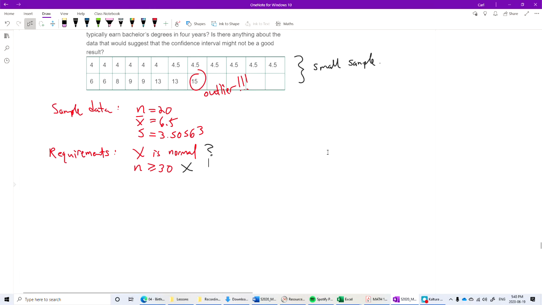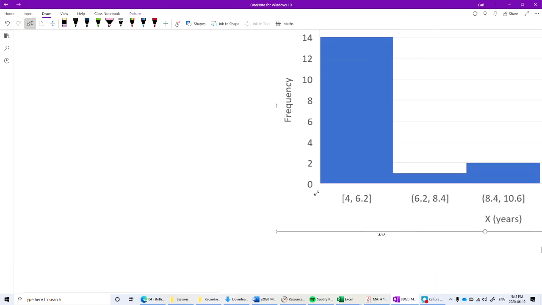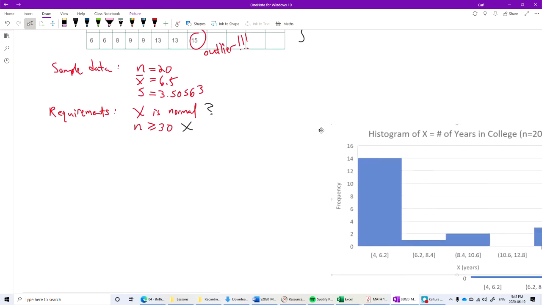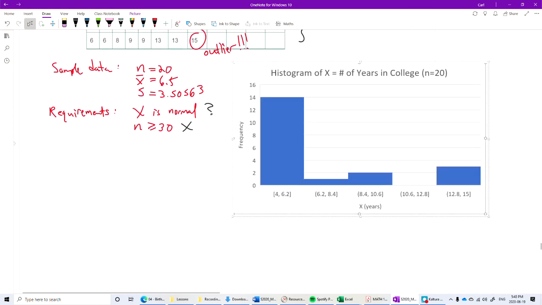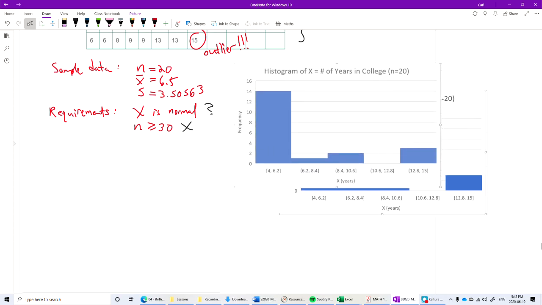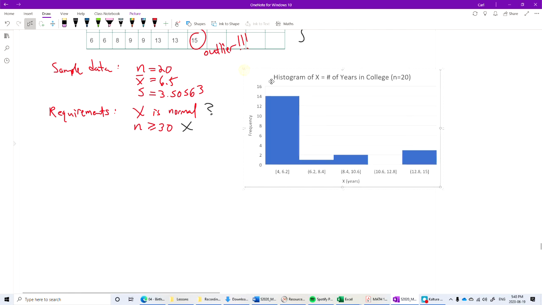And so officially, we should stop here, right? Officially, we can't use this method because the central limit theorem doesn't guarantee us that X bar is normally distributed. None of the rest of it works.